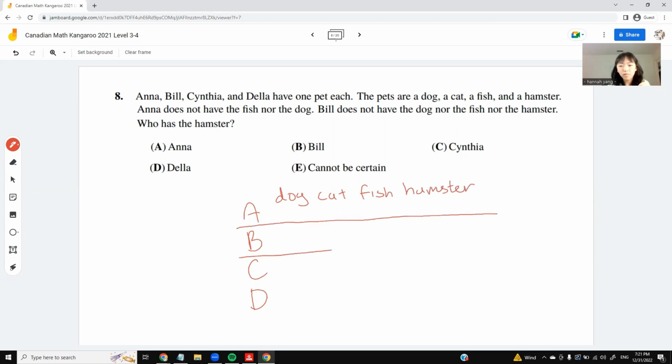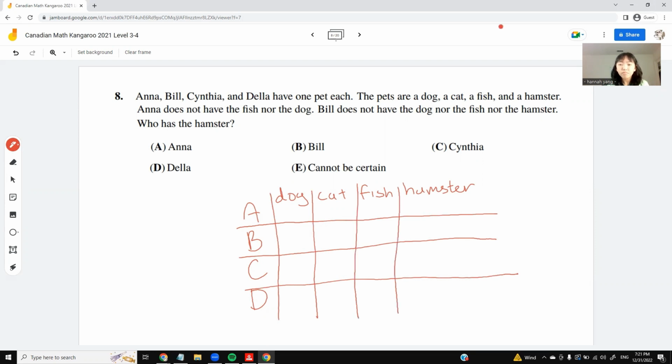Let's look back at the problem to see what kind of information they give us that can give us clues as to which person has which pet. So we can see that it says Anna does not have the fish nor the dog. So we can cross out those options. And Bill does not have the dog nor the fish nor the hamster.